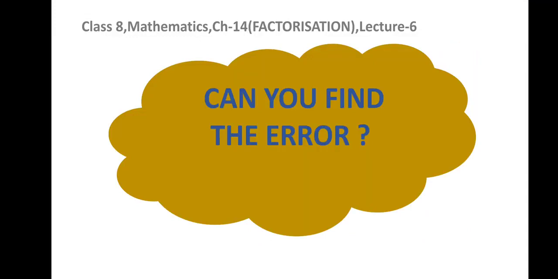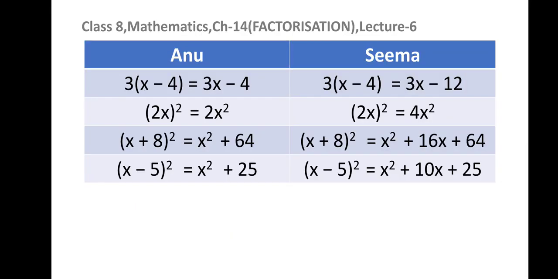Now can you find the error? Let us see now whether you are able to find the error or not. Basically, I have taken a scenario in which two girls are there. They are solving algebraic expressions in a different manner, and we need to find who is writing the correct answer and what is the error in that.